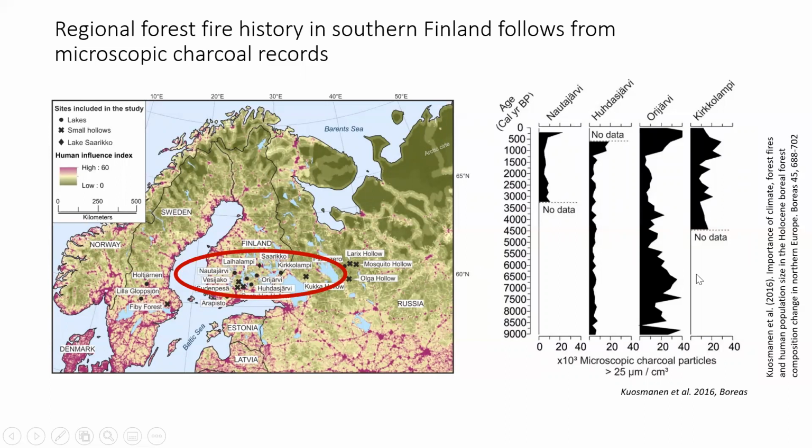From there we can see changes in the amount of charcoal particles, and we can see an increase around 1000 or 1500 years ago, which is related to increased human impact and increased human-induced fire in southern Finland.